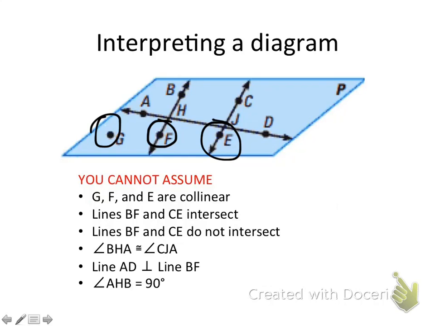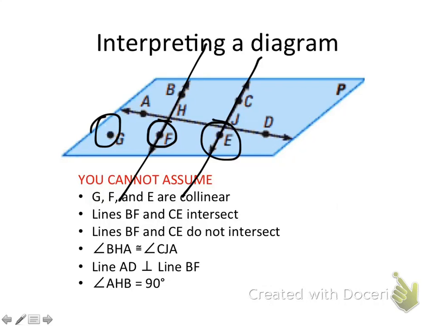We cannot assume that lines BF and CE intersect. Just because they are drawn there and they look like they might intersect, we cannot assume they'll intersect. Likewise, we cannot assume that they do not intersect.